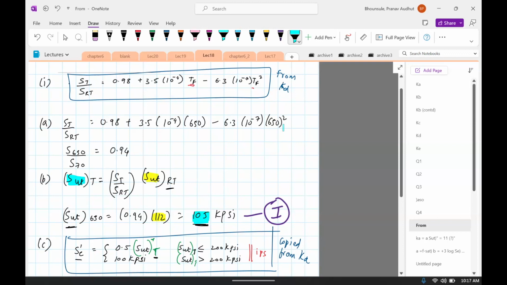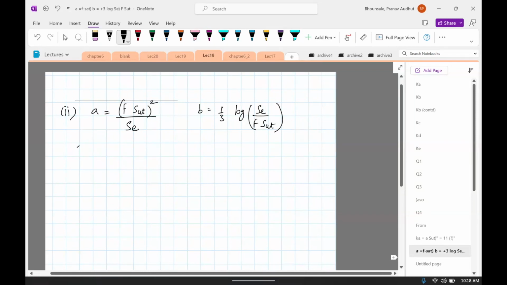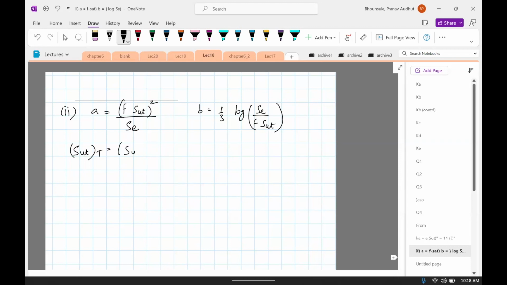Okay, so the one you'll use will be at the operating temperature. So the operating temperature is 650, so we have 105 kpsi. So Sut at 650 is 105 kpsi.